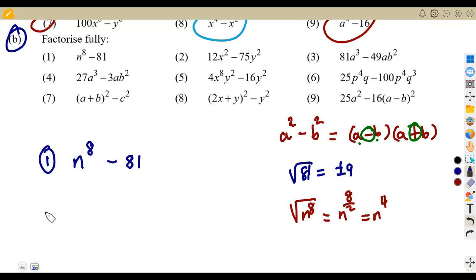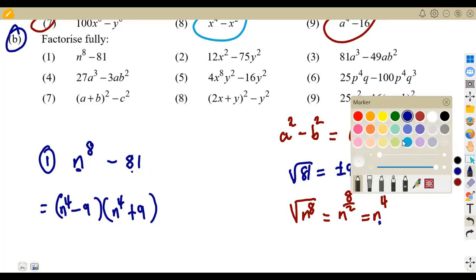So meaning to say here, this can be factorized if we determine the square roots of these two terms. We are going to have the square root of n to the exponent of 8, which is n to the exponent of 4, and n to the exponent of 4 also here. The square root of 81, which we said is 9, so a negative 9 and a positive 9 in the brackets.